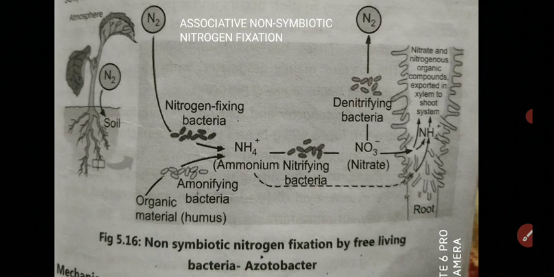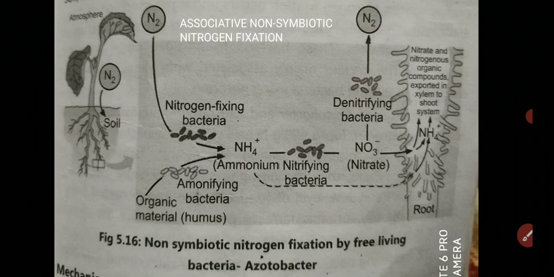And some free living bacteria have chemolithotrophic capabilities, and hence they can utilize inorganic compounds as a source of energy. Some free living bacteria behave as anaerobes or microaerophiles when fixing nitrogen to protect the nitrogenase enzyme from oxygen. And the rate of nitrogen fixation is very low as compared to biological nitrogen fixation.